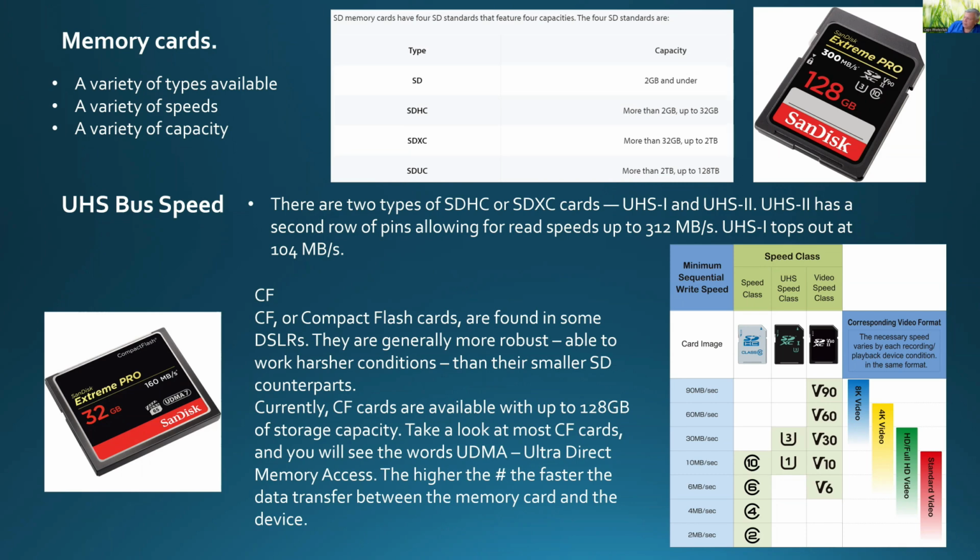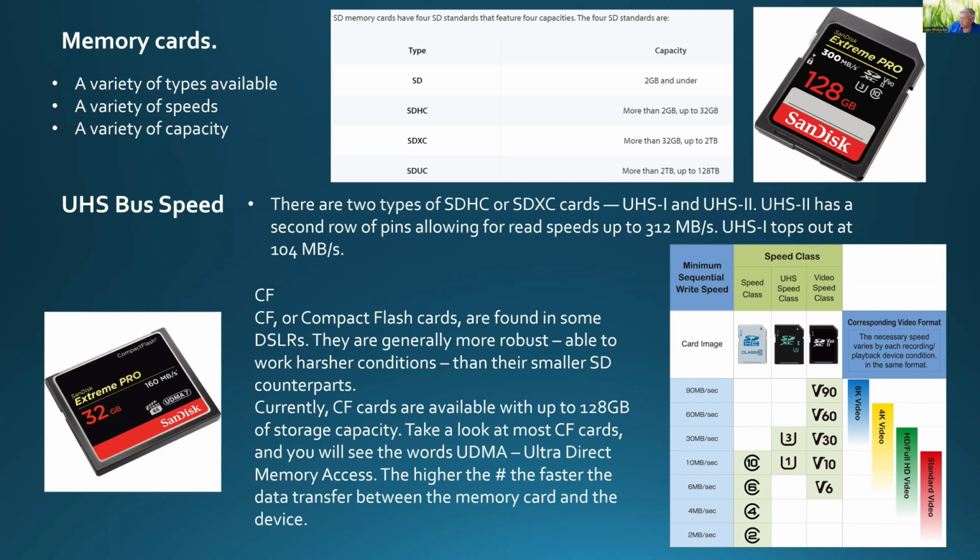You've got other classes on there, which you can see I've got down on that chart below. So that one up there has a 10 in a circle, which means 10 megabits per second is the speed class. Then it's got a 3, so that means it's 30 megabits per second for the UHS speed class.